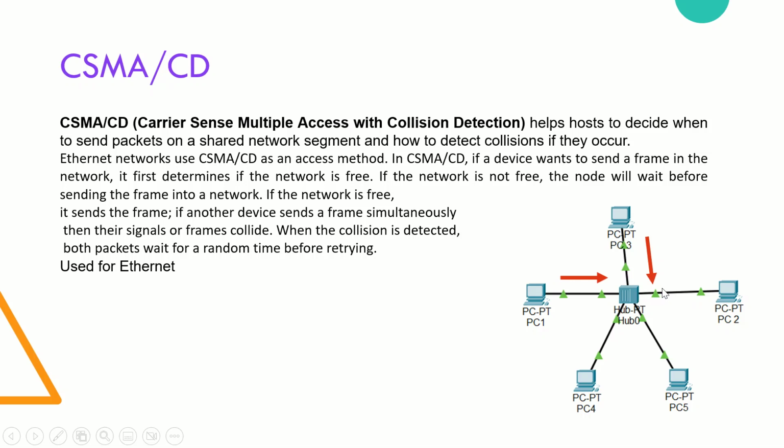But at the same time, host 3, PC3 also, sends its packet to host 4 and the collision occurs. The sending devices, I mean host 1 and host 3, detect the collision and resend the packet after a random period of time. And this is the operation of CSMA/CD.